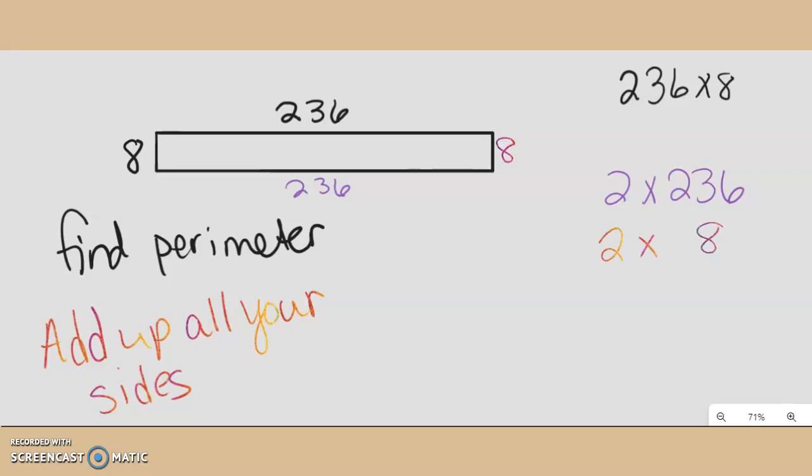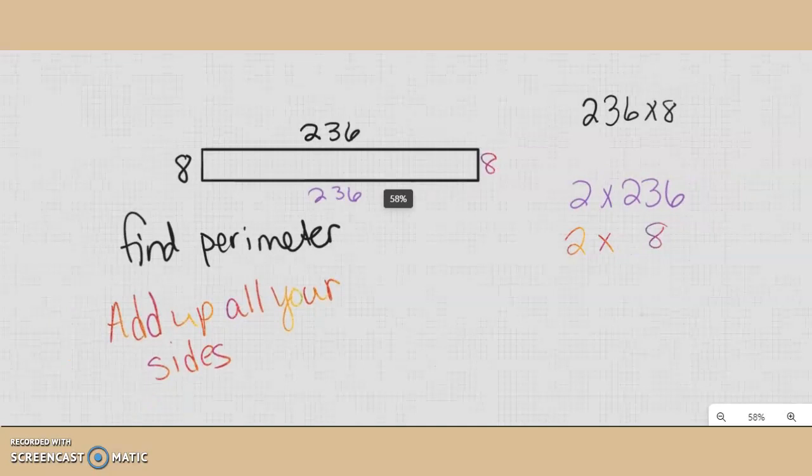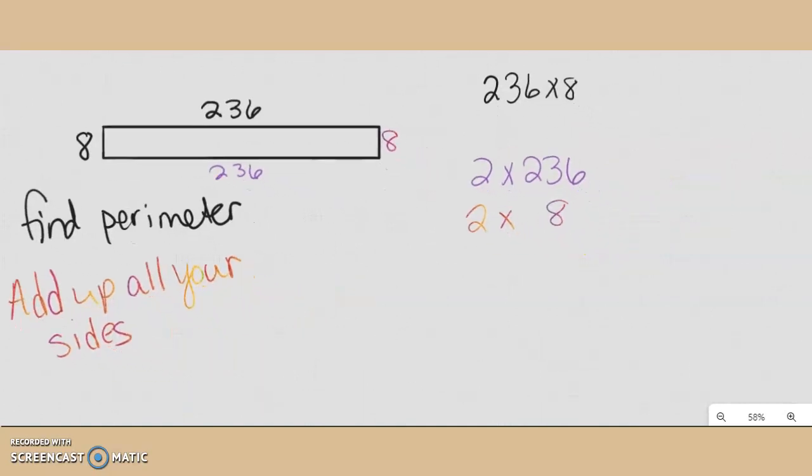A smart person would say, okay, well, I can find the perimeter of that. So I'm going to move this down just a little bit. 2 times 8, and you already know that'll be 16.